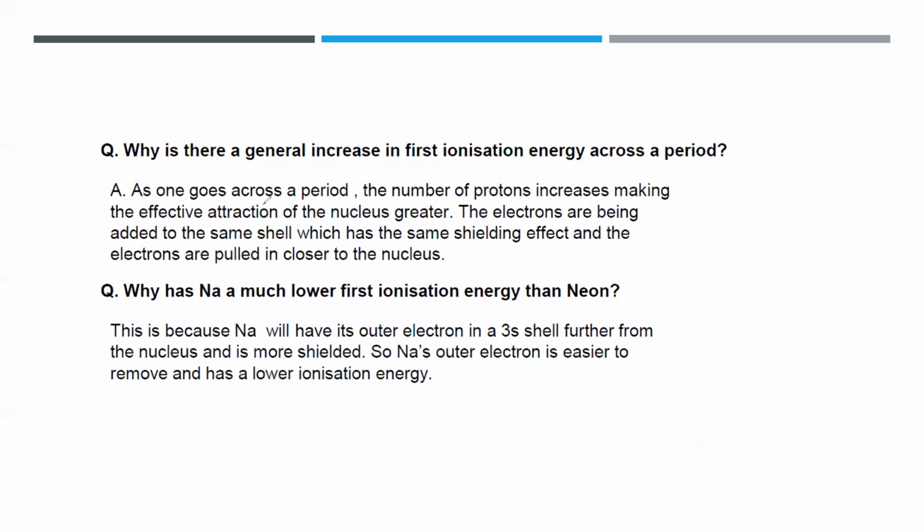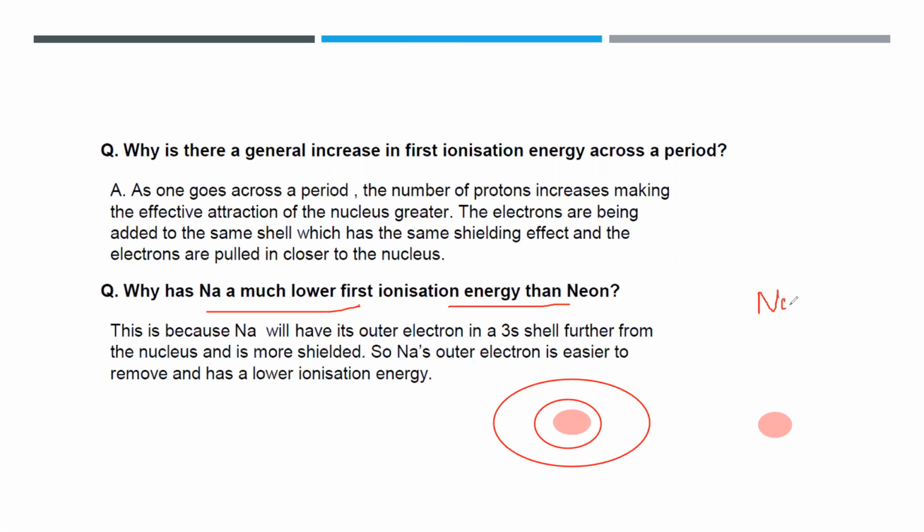And if they ask why sodium has a much lower first ionization energy than neon, when you write for sodium, sodium has 3 shells, because sodium is 11, neon is 10 and 20, whereas sodium is 11 and 23.